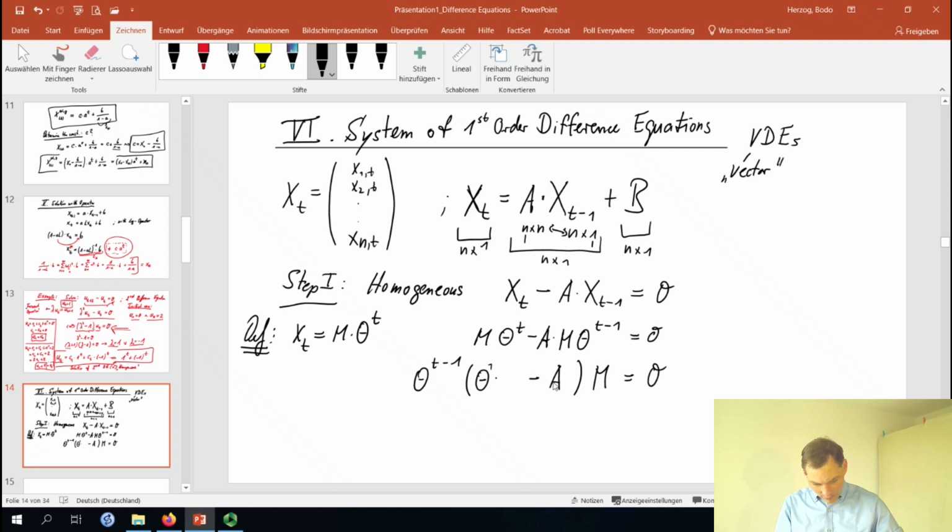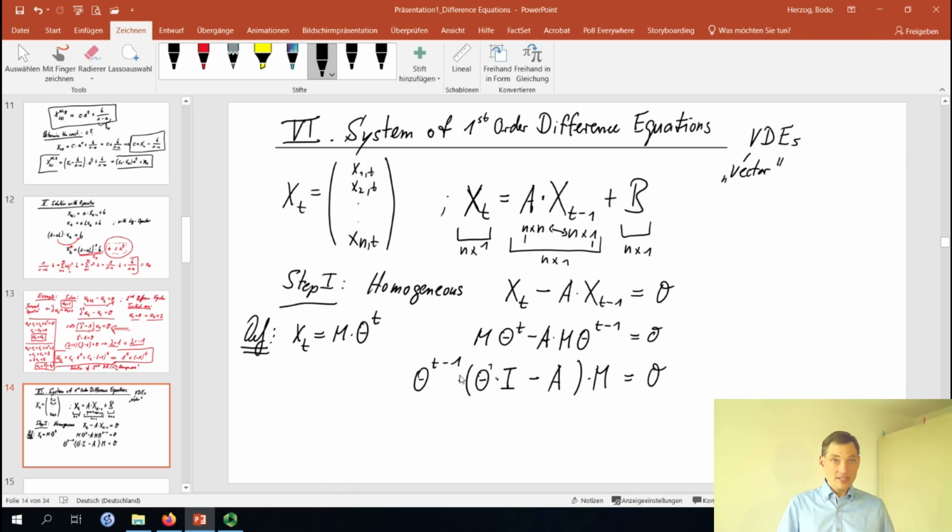But given that we have a matrix which is n by n, we also need an n by n matrix here, so we have to multiply with the identity matrix n by n. That means all my thetas are on the main diagonal of this identity matrix, and that is multiplied with this scalar m, and here with the scalar theta to the power of t minus 1. So the question is again, when is this zero?